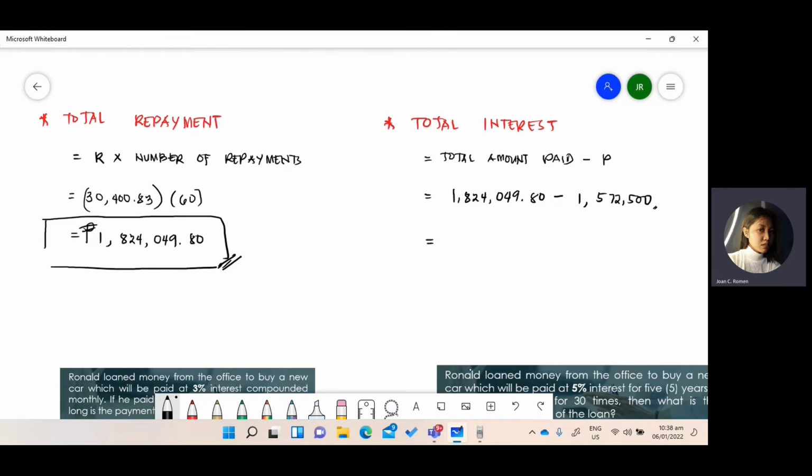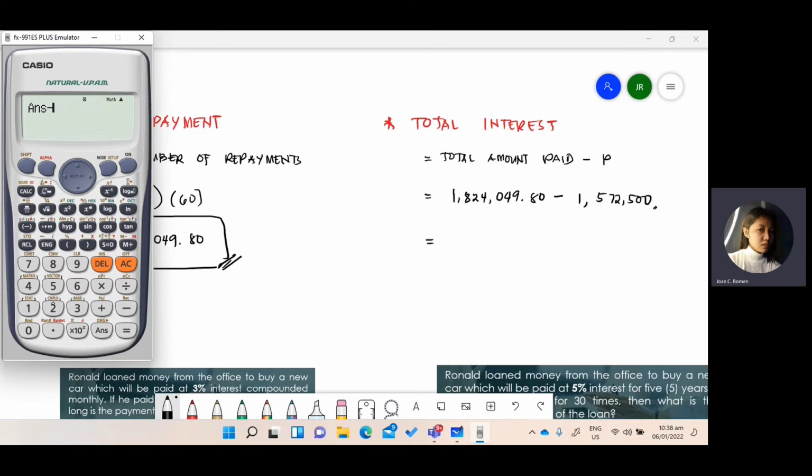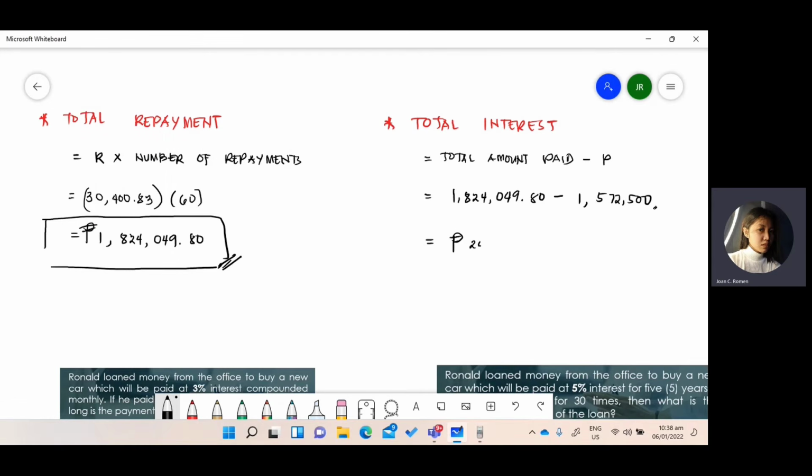And that is equal to 251,549.80. So this is the total interest. Okay, this is the total that was earned on your loan.